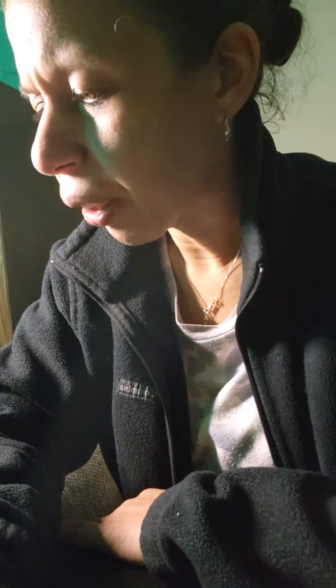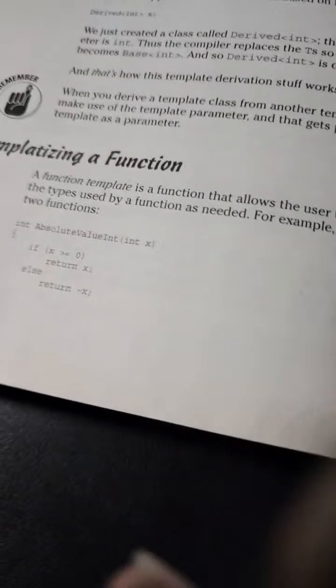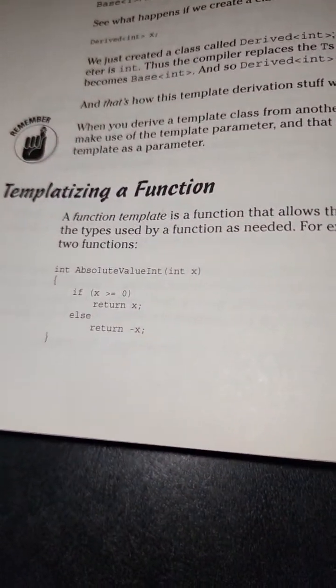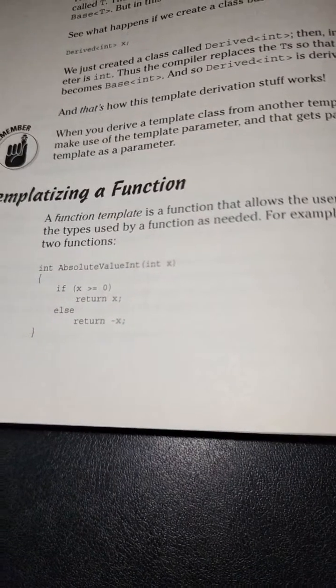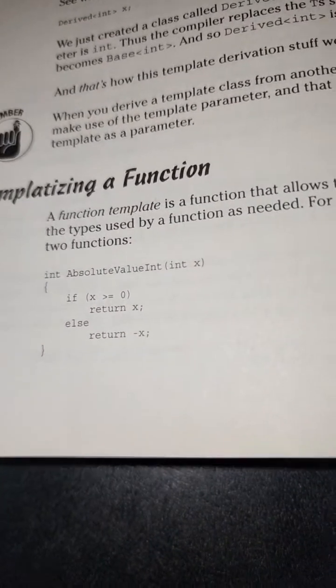Templatizing a function. A function template is a function that allows the user to essentially modify the types used by a function as needed. For example, take a look at these two functions. int absolute value int x.